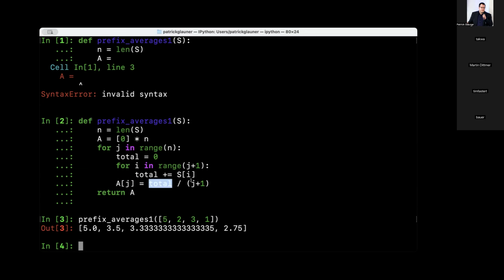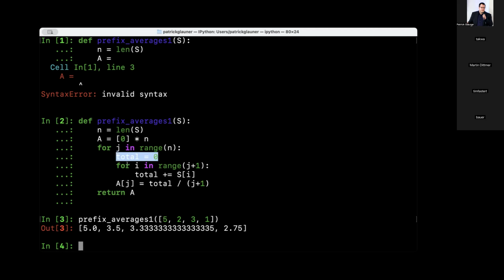I divide the total by a sum. So computing the sum is a primitive operation, and dividing the total by this and assigning it to some part of the list. So this is a few constant operations or a few primitive operations. Still, if it's 1 or 4 or 3, it doesn't matter. And we have one here.